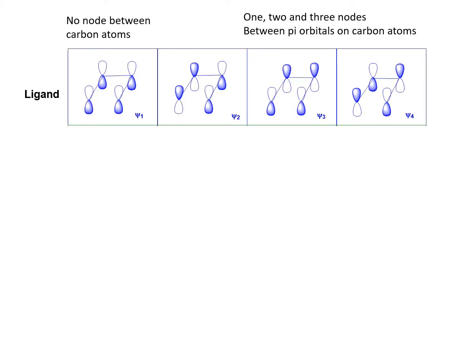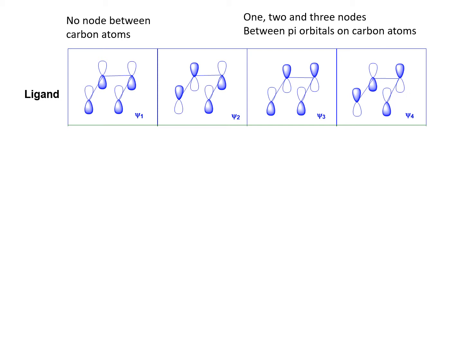I have for you pictured on the top of this slide the molecular orbitals of butadiene, Psi1, Psi2, Psi3, and Psi4. That is, only the pi molecular orbitals are described here. You will notice that the lowest energy molecular orbital has all the phases in the same fashion, which means that there is no node as you progress from C1 to C4.